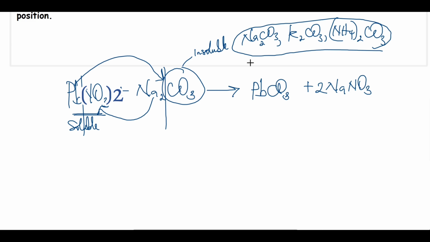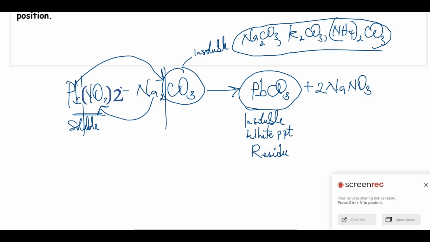All right, now take note of this. Initially, I said all carbonates are insoluble except these ones. Now, you should note that the lead carbonate formed from mixing these two salts is insoluble. So you have a white precipitate of lead carbonate, which is your residue.